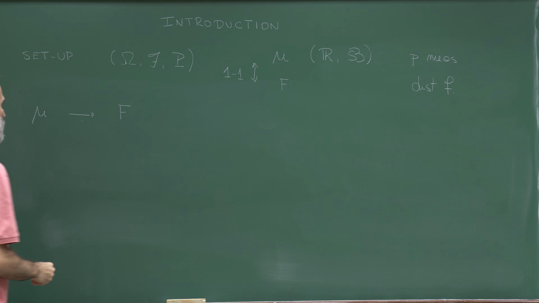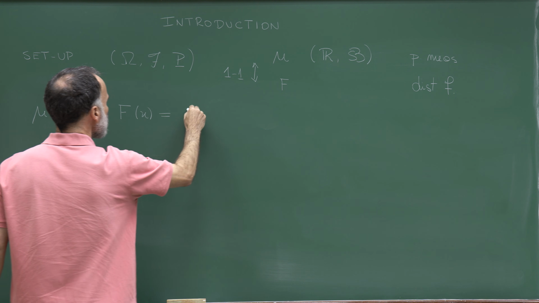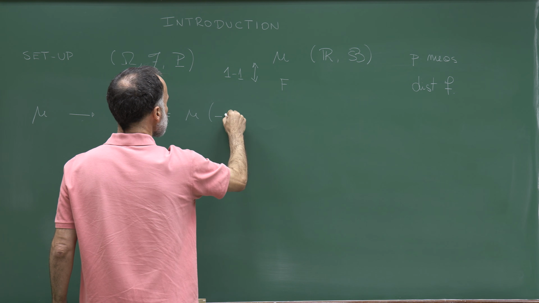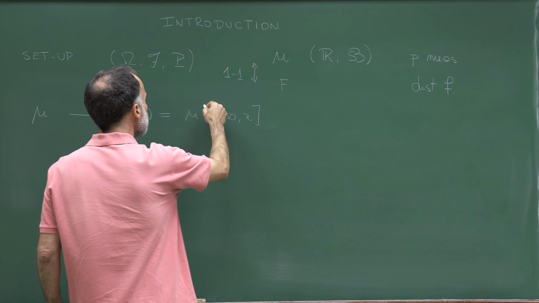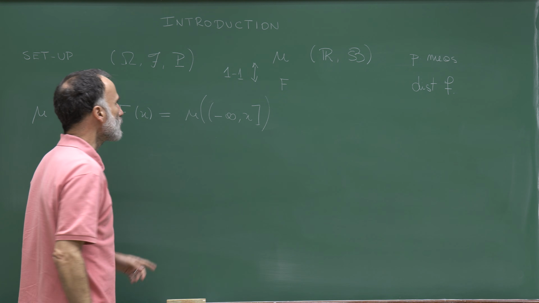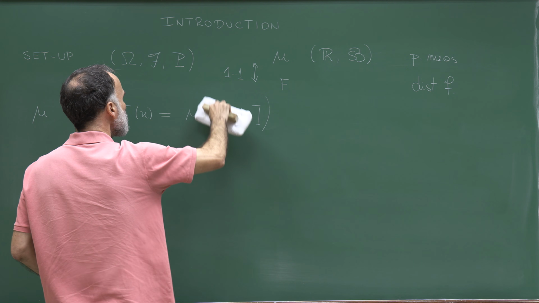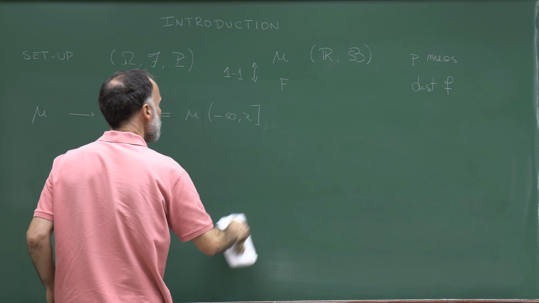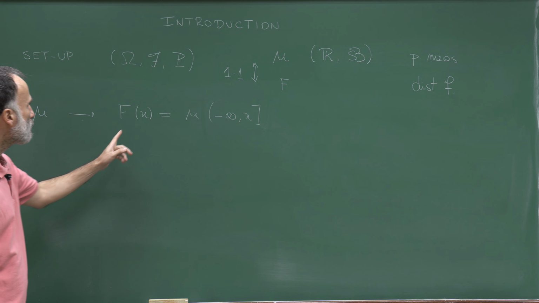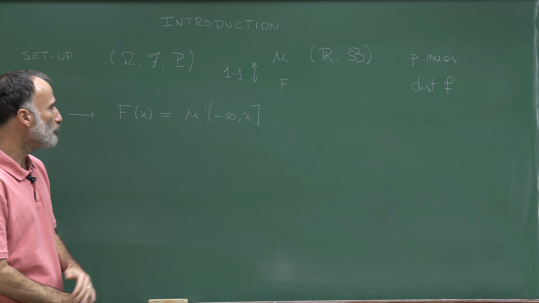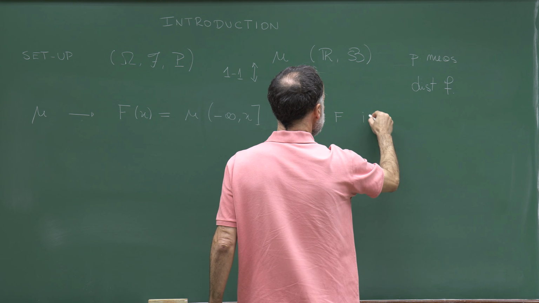You can define now the distribution function F_X by taking the measure of the set (minus infinity, x]. Writing the measure of this interval would be too cumbersome, so I'll just denote it by this symbol. If I define F_X by this formula, I claim that the function F so defined is a distribution function.